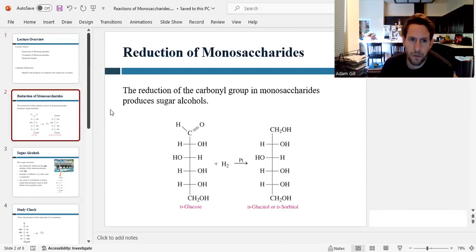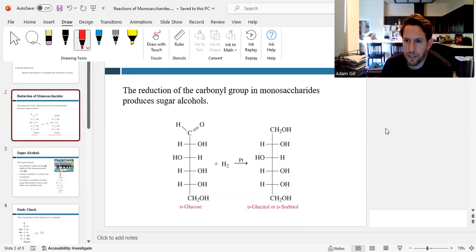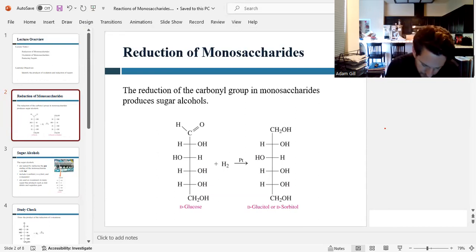So let's start with the reduction of monosaccharides. Recall that an aldehyde can be reduced to an alcohol. That was one of the reactions we learned in chapter 12. And that reaction is true when we're looking at sugars.